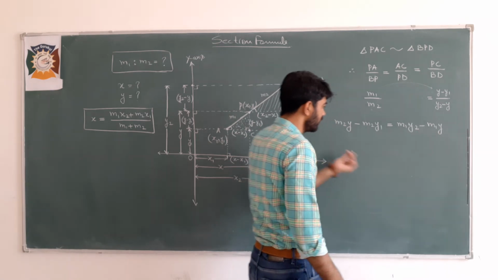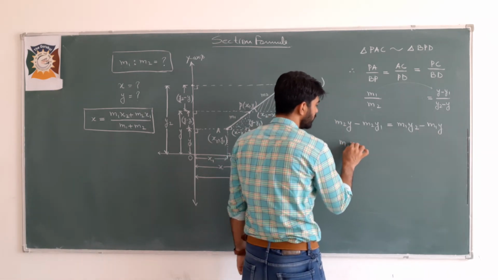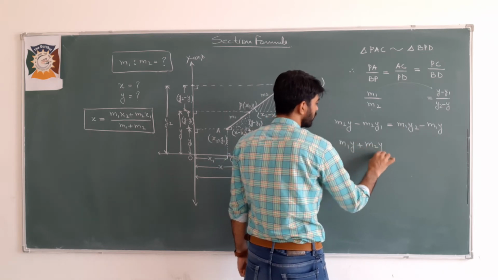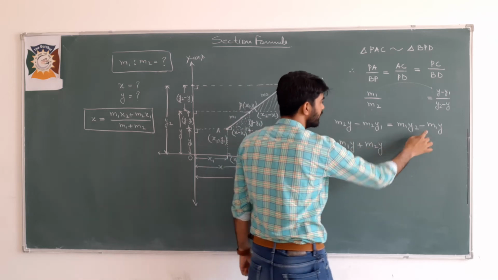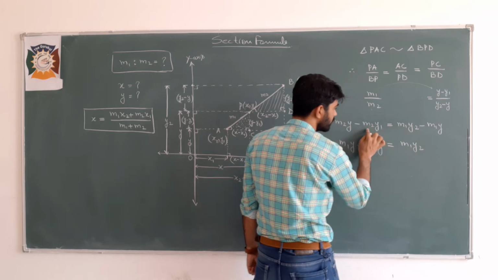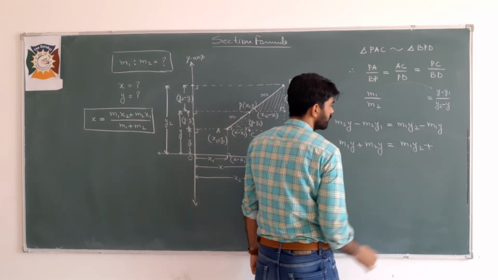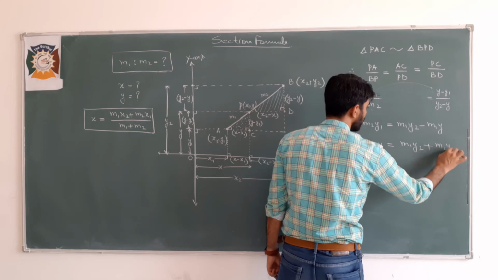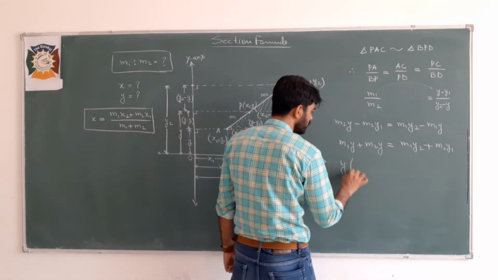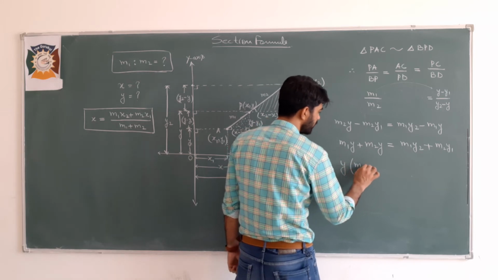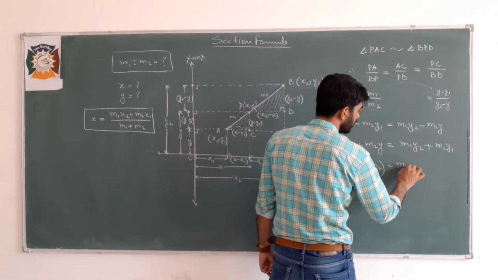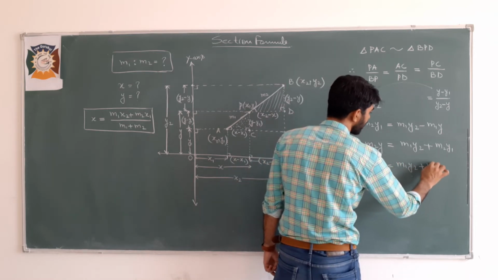This m1 into y will come this side, so it becomes positive, plus m2 into y, it was already here. This will go that side, so m1 into y2 is already here, this will go that side, it will become positive, plus m2 into y1. Okay. Now y common from these two, so we get m1 plus m2 is equal to m1 y2 plus m2 y1.